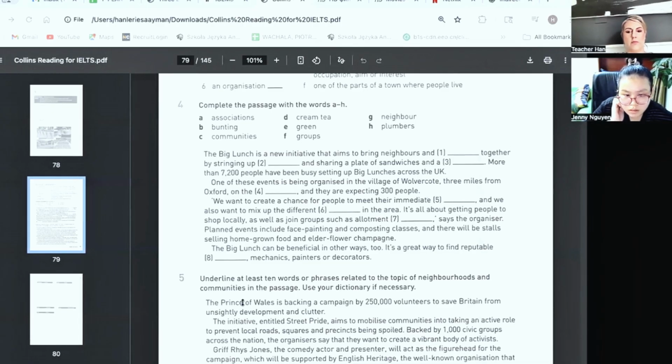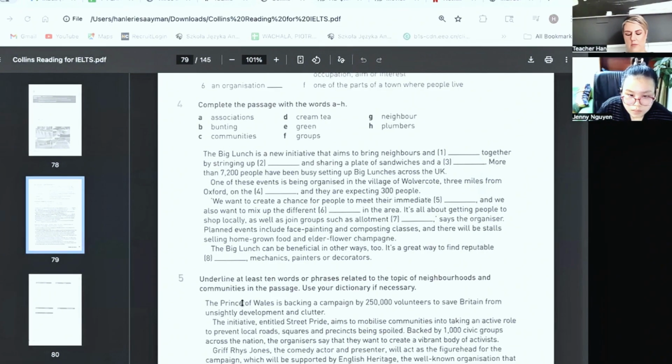And we also want to mix up the different groups in the area. It's all about getting people to shop locally and join such as allotments.